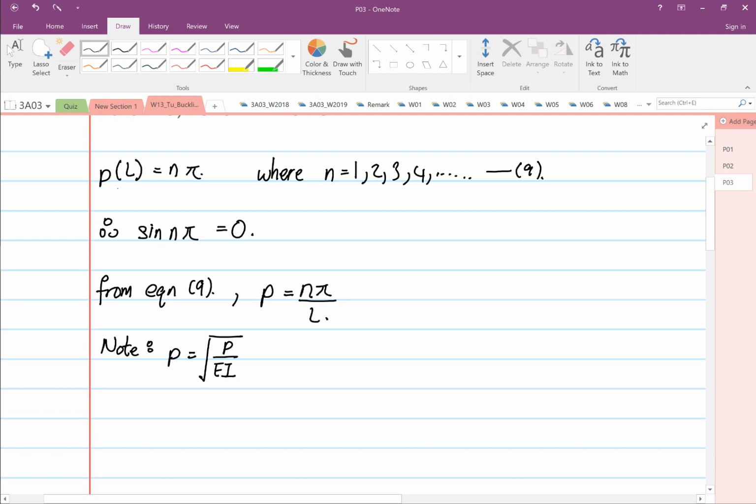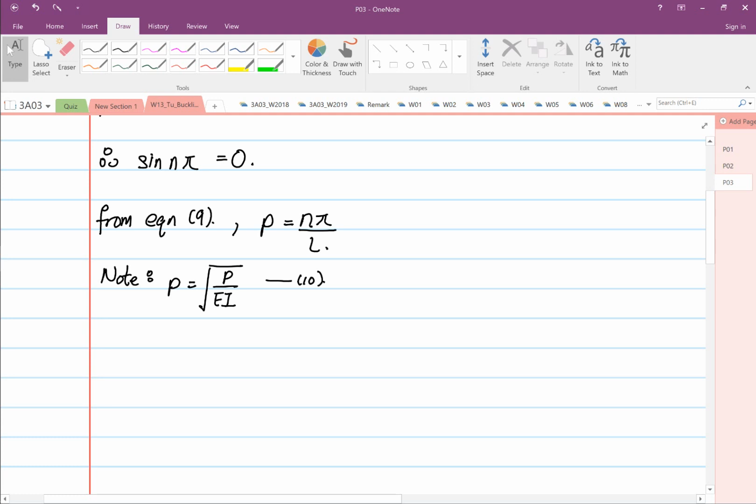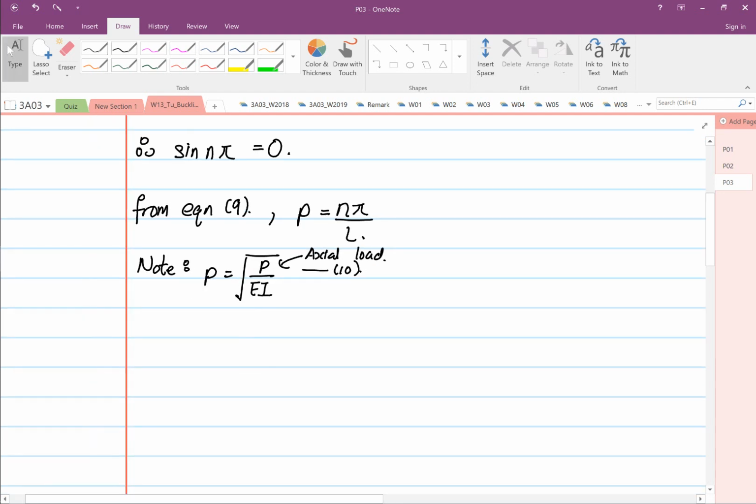This is my equation number 10, and that big P corresponds to our axial load. So from here, we're going to equate 9 and 10. So we have the square root of big P over EI is equal to n pi over L.